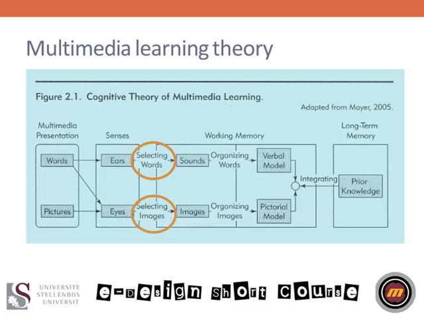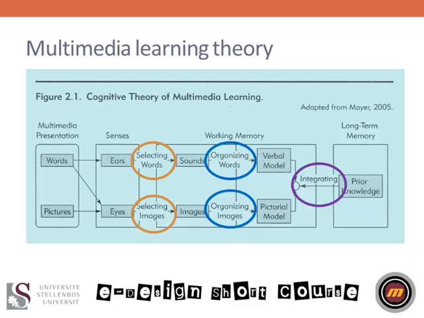Sounds are organized, images are organized, words are organized into a verbal model, into a pictorial model. And then comes a very interesting thing that we've said, the active processing also incorporates prior knowledge of the student, and this third important part is now integrating whatever comes as new input with prior knowledge. And this is how it all works.